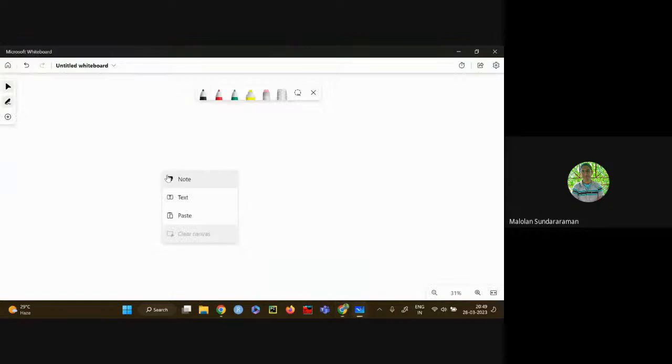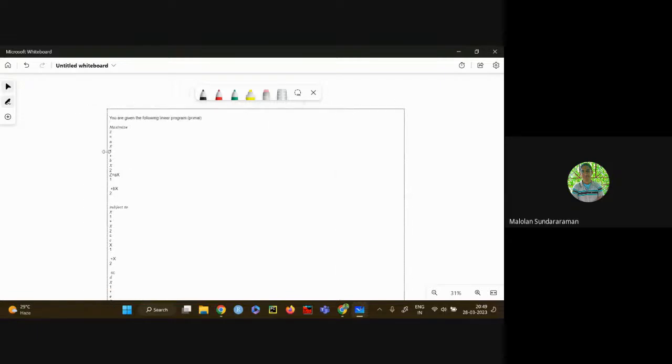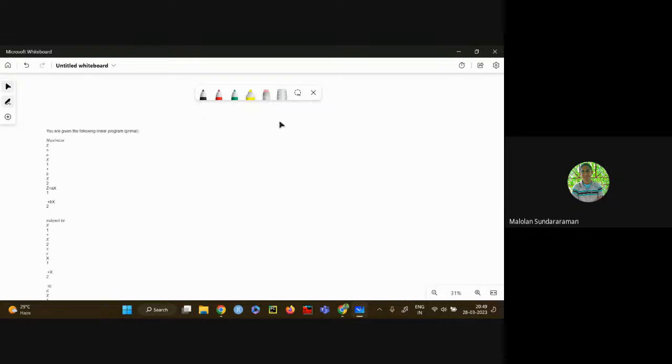Let's see if I can paste. It's coming like this. Okay, there is some text that it's not reading. Anyway, let's see what we can do. Okay, this is what is given.